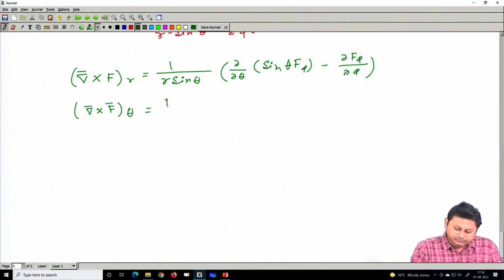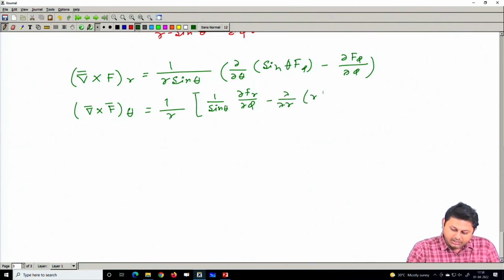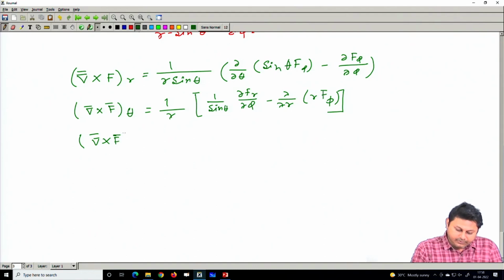The theta component is 1 by r, and then 1 by sin theta del f r del phi minus del r of r f phi, and finally the phi component of curl of f is 1 by r, del r of r f theta, minus del f r del theta.